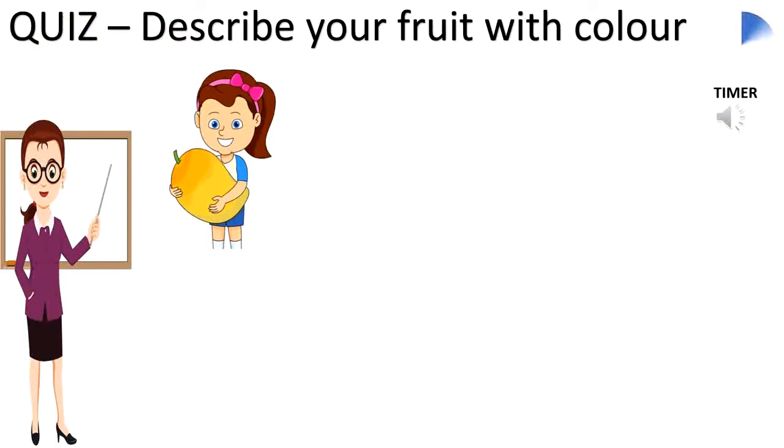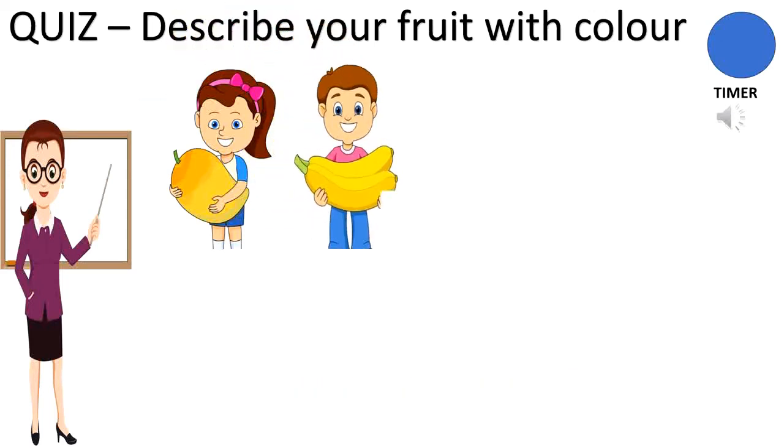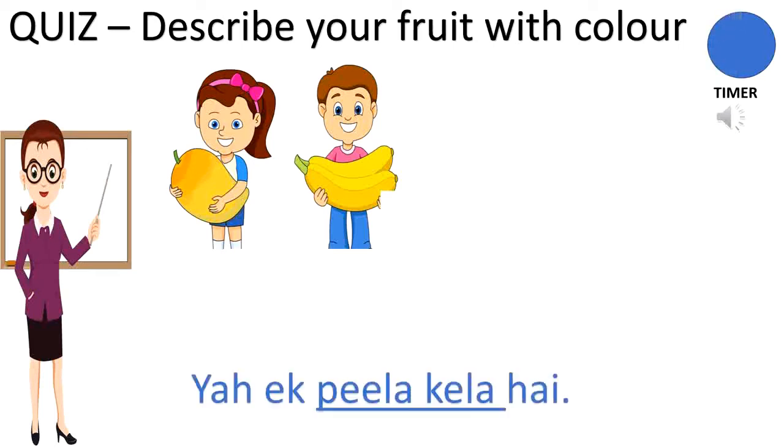Time starts now. यह एक पीला आम है. Next child. And time starts now. यह एक पीला केला है.